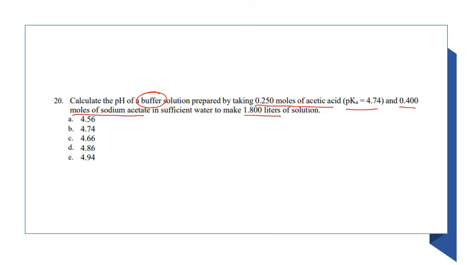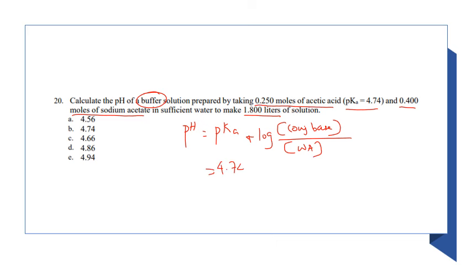What is the formula for calculating the pH of a buffer? pH equals pKa plus log of the concentration of conjugate base divided by the concentration of weak acid. So pKa is given as 4.74 plus log, and the conjugate base is sodium acetate here, so that is 0.4 moles.